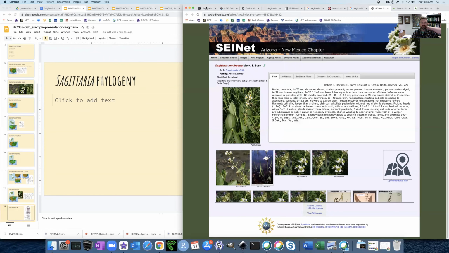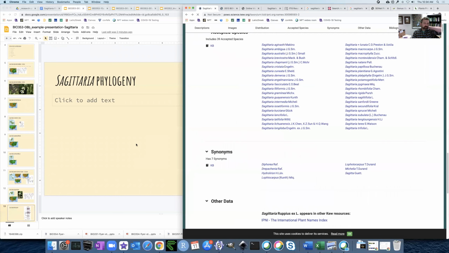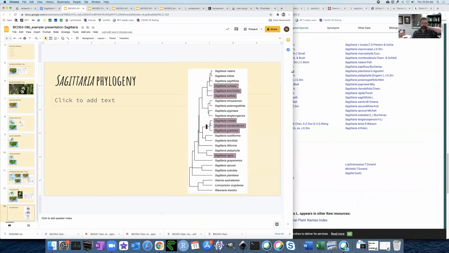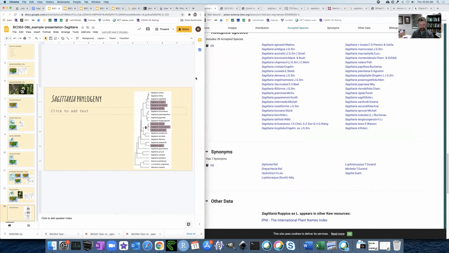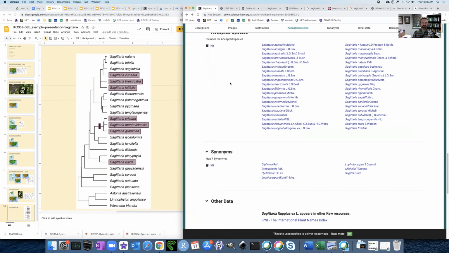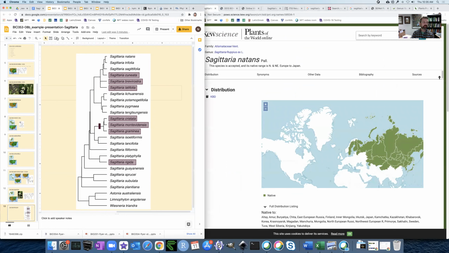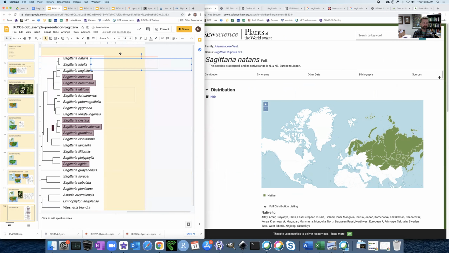Another perspective you could get on here, maybe it's important, maybe it'll be useful to fill it in. Shrink that down, I guess. We could look at who else is on here. So Sagittaria natans, where is this species? Northern Europe. You probably would end up making some notes somewhere else about this kind of information, but Northern Eurasia.